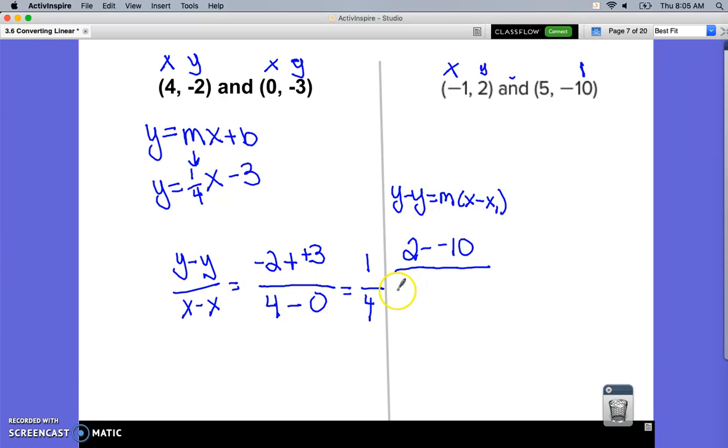So negative 1 minus 5 gets me negative 6. Remember here, this is plus, so we have 12 over here. This is my equal sign. So this becomes 12 divided by negative 6, which is negative 2. So negative 2 is my slope, and I can choose either one. I'm going to do the first point: x plus 1, and then y minus 2.